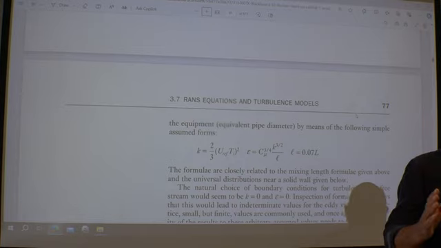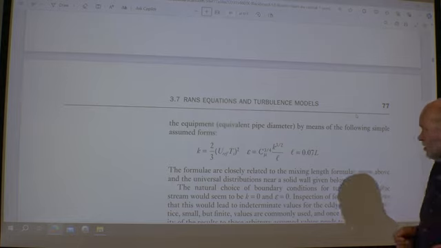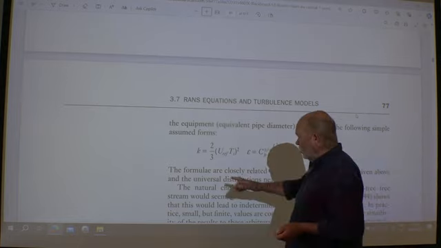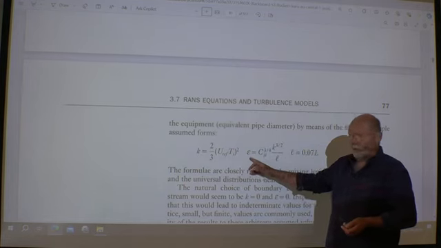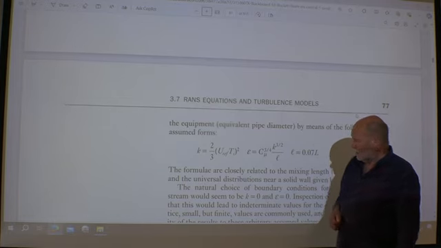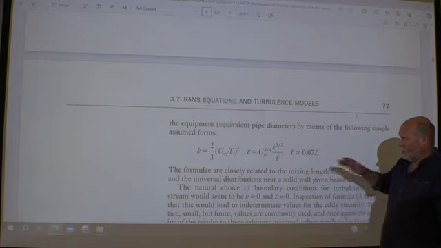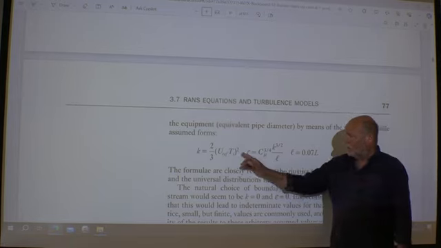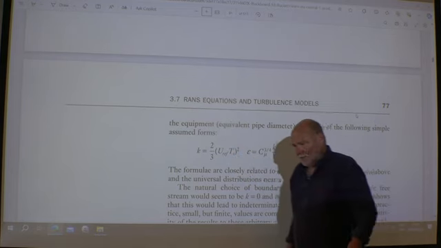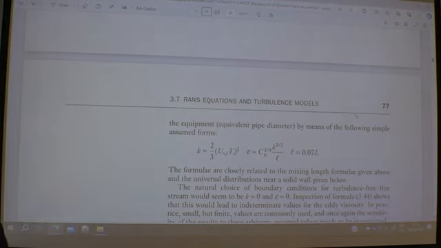I mean, if you're sending in a velocity or something, that's not a problem. But you need to put some values for K and epsilon at the inlet. How the heck are you going to do that? Well, here is one way to find some estimates of these values. There's one recipe. You have several others as well.